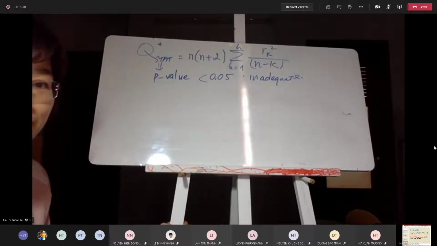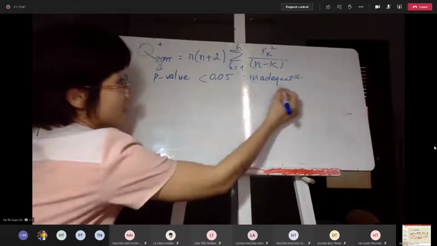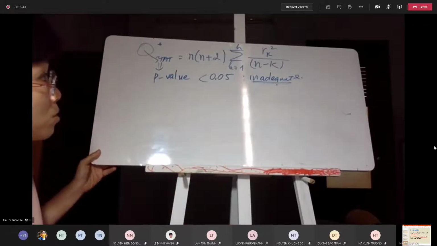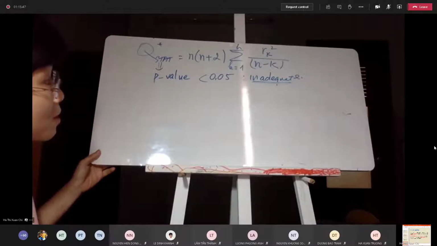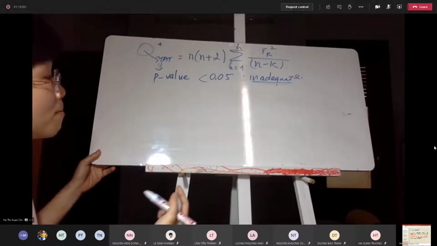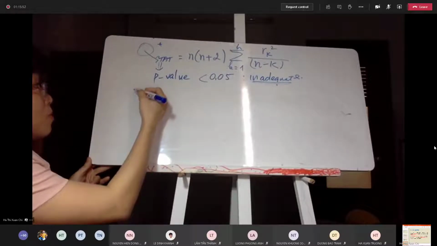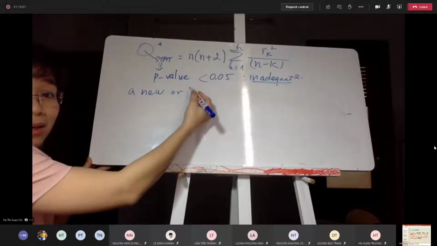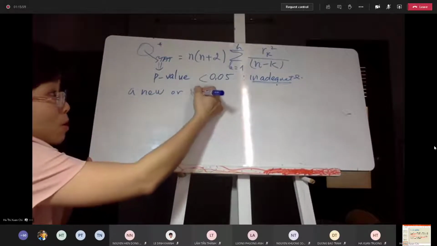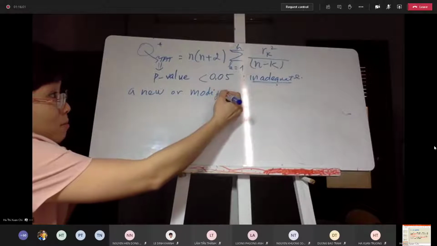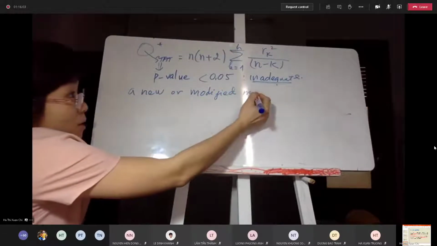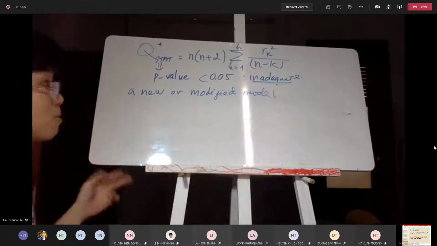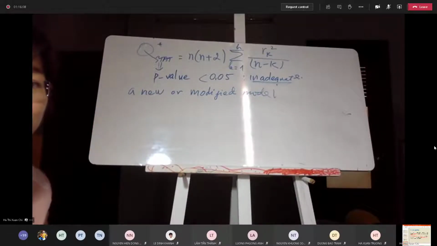If you have inadequacy, what should you do? Your model is not adequate, so we must improve or modify the model and make a new one.